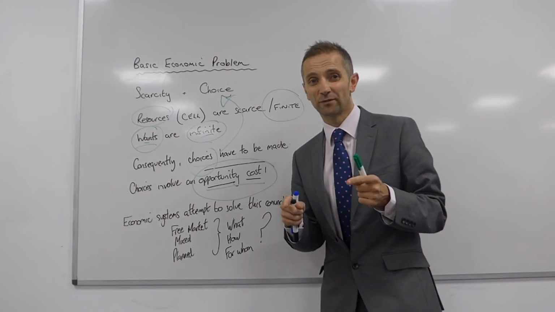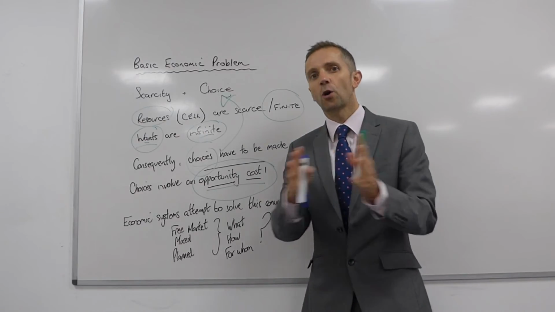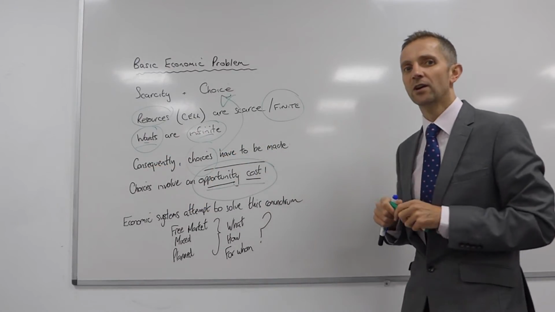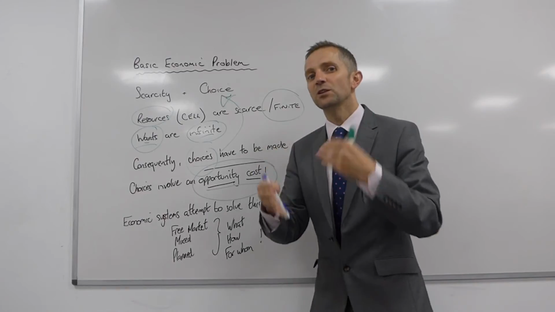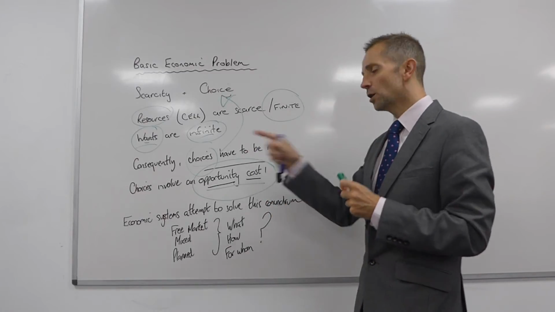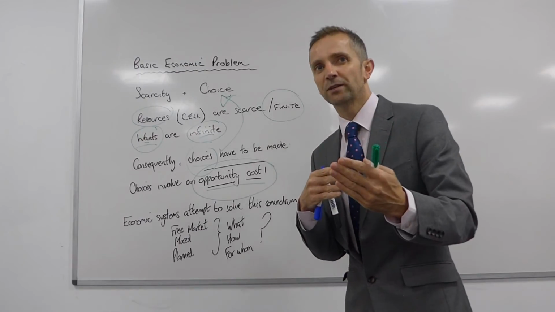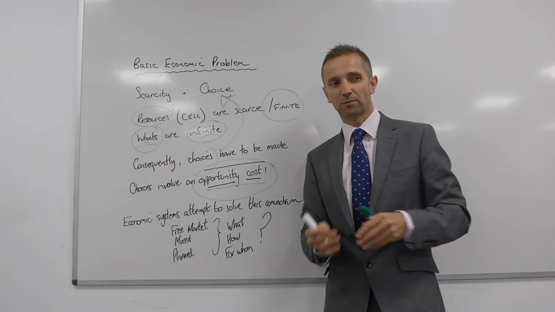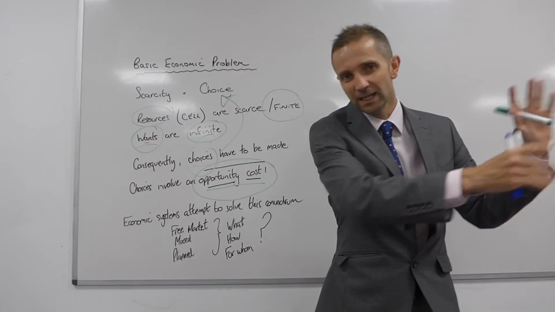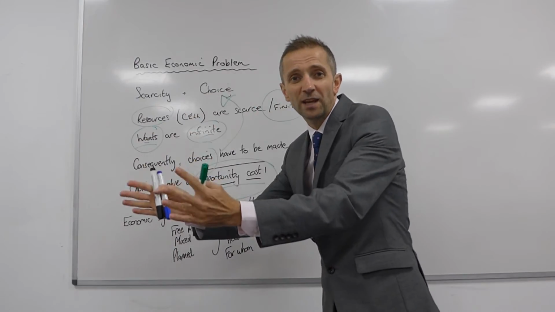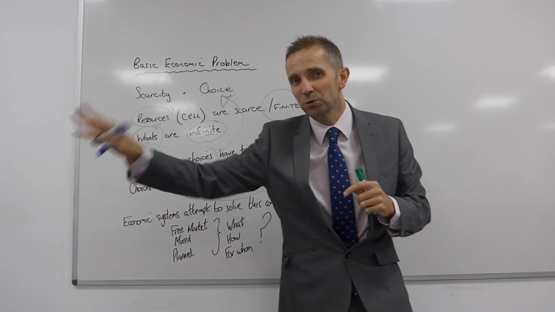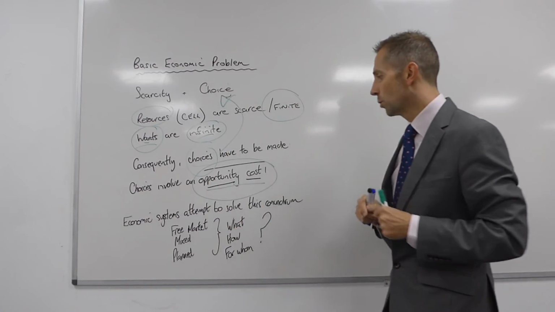The definition of opportunity cost is the cost of the next best alternative foregone. So the thing that you give up is the opportunity cost. So if you earn some money from a part-time job and you decide, right, I'm going to buy this box set of DVDs rather than this new t-shirt, then the t-shirt which you're giving up is the opportunity cost.